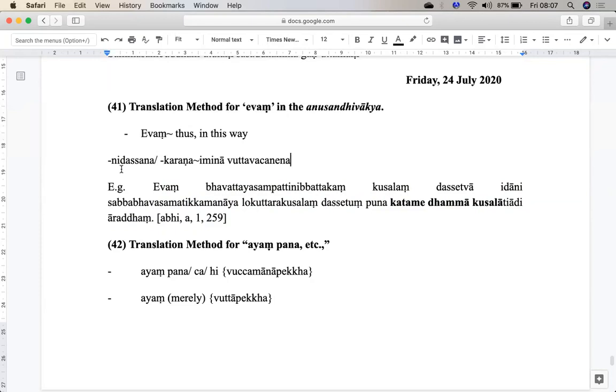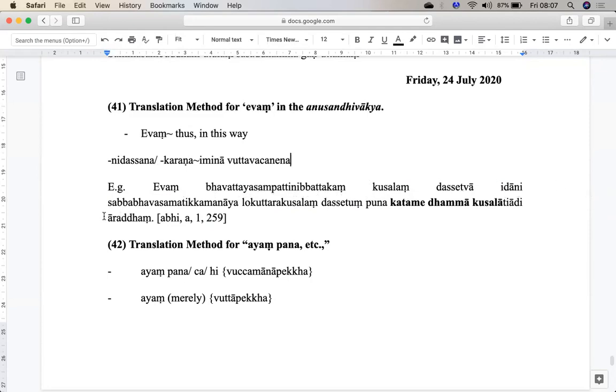By these words expressed, vutta is a past participle. That means by these former words, the words that have been shown: bhavodaya sampādinebakan kusalaṃ, the kusala which makes the accomplishment of the threefold world.